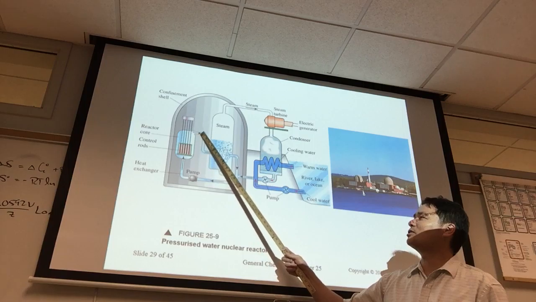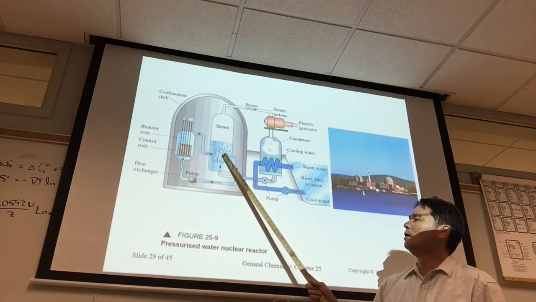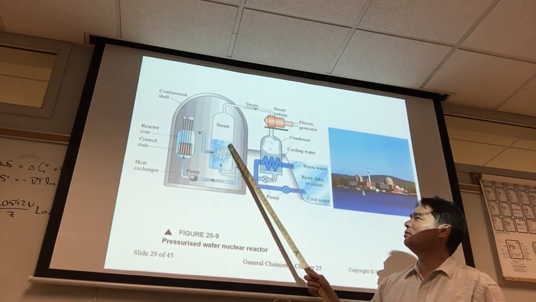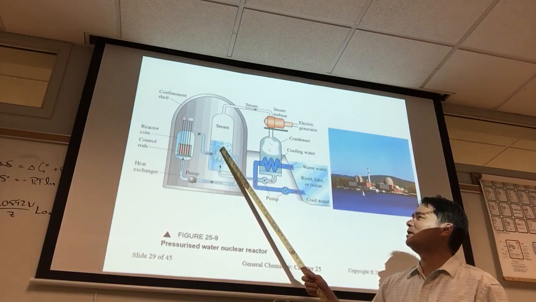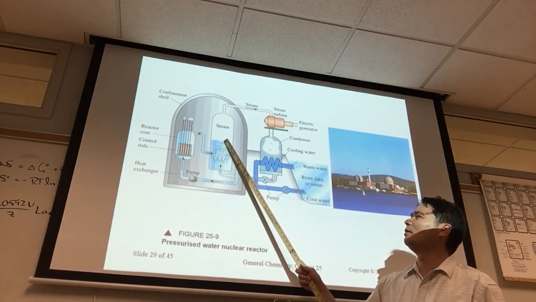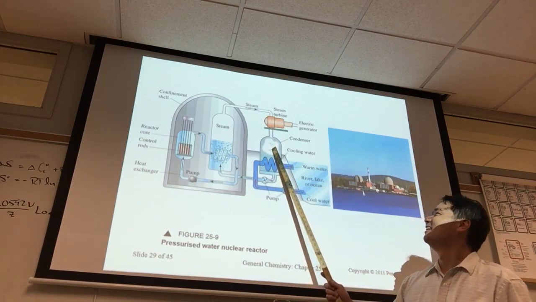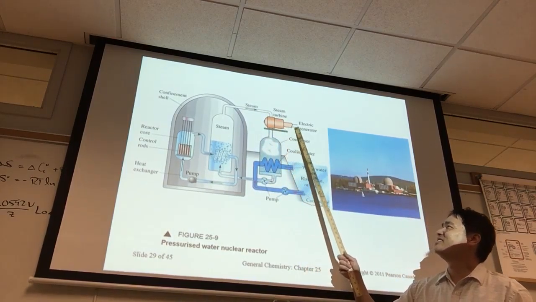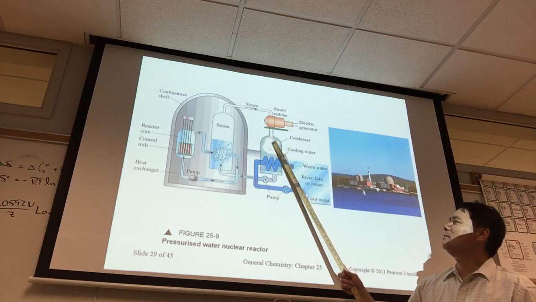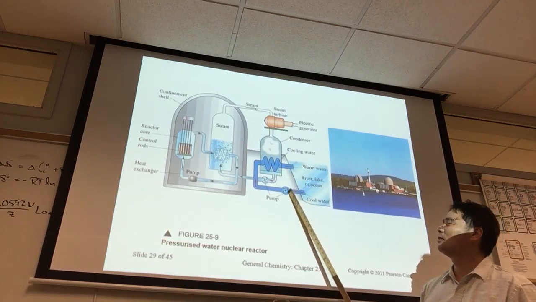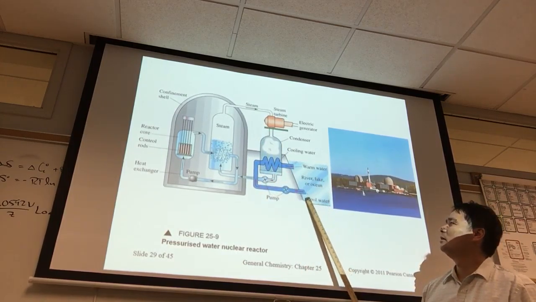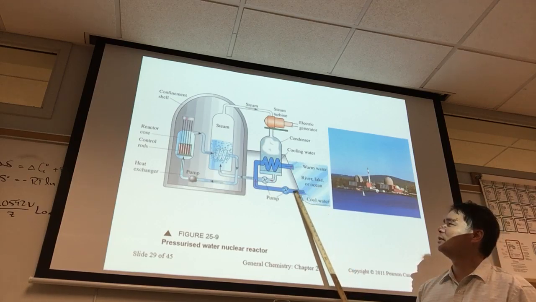This is under high pressure, so the water doesn't boil, which is going to transfer the heat to a lower pressure system here, in which the water can boil. The water boils and generates steam, which powers a turbine and generates electricity. The steam is condensed by fresh water. The fresh water would come from a lake or river or ocean here.